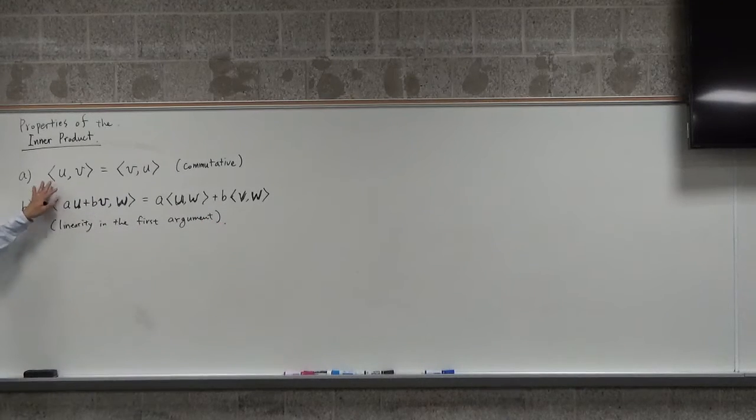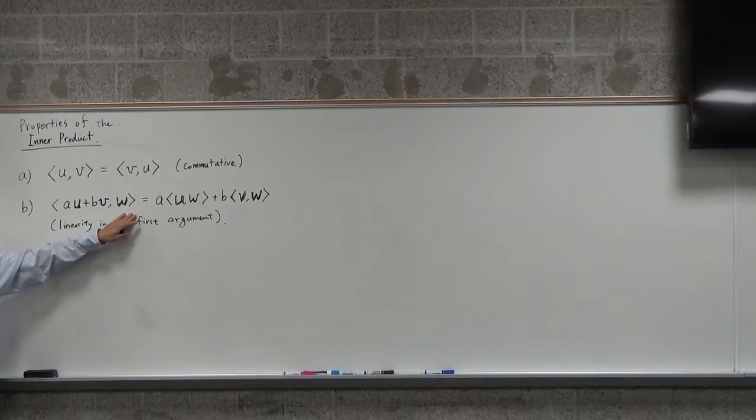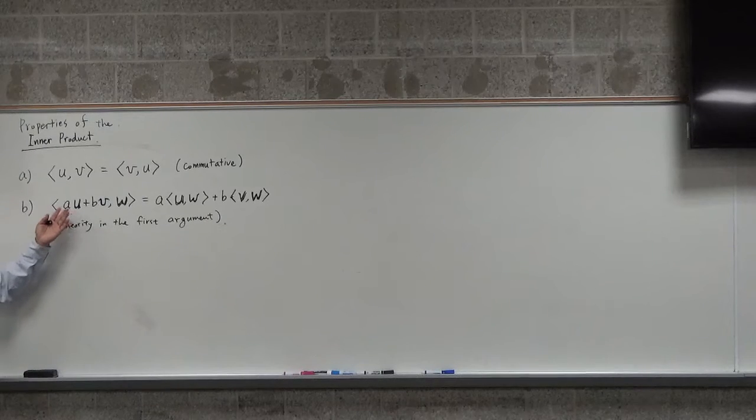Now, because of commutativity, if it's linear in the first argument, then it will also be linear in the second argument as well. So I'm actually writing two rules at once. One rule is saying that if you have a constant multiple, you can bring it outside. And another rule says that if you have addition, you can split them.